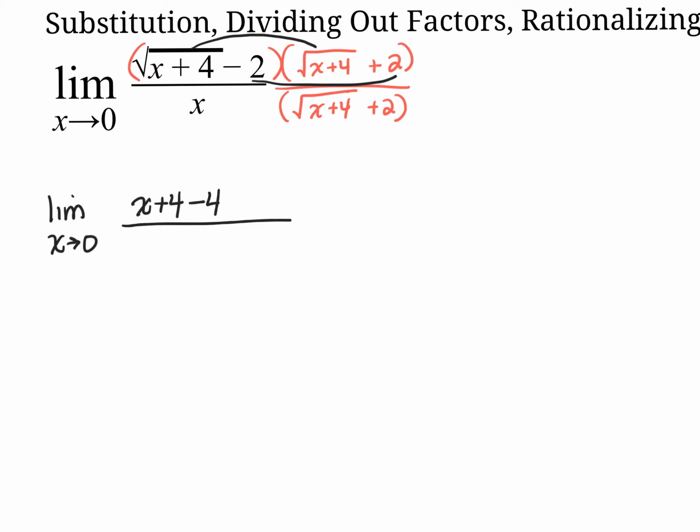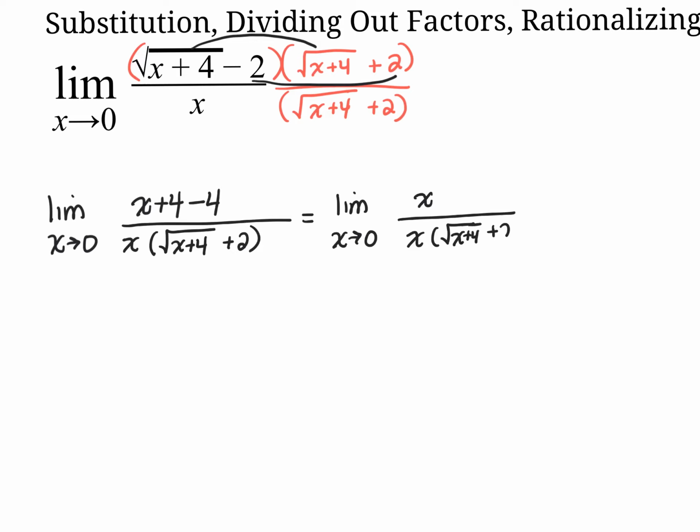Now, if you remember, we said don't multiply the denominator out, just leave it in its factored form, because what you're going to find is that that +4 and -4, they're going to become 0. So what I get is the limit as x approaches 0 of x over x times square root of x plus 4 plus 2.